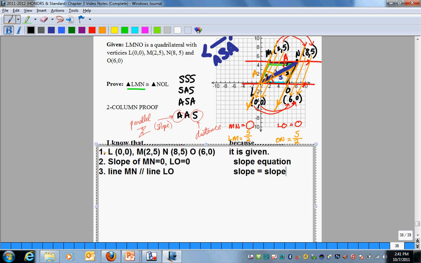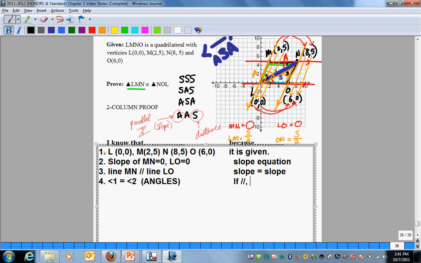Now that gave me the red lines parallel, which gives me angle, I had them marked, angle 1 is congruent to angle 2. That gives me my first set of angles. Why?